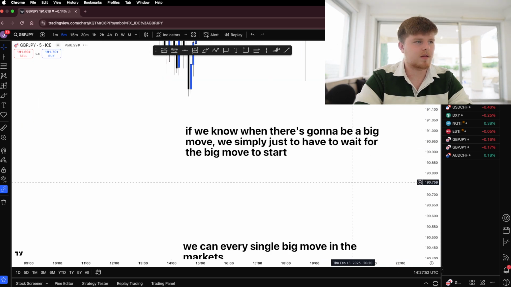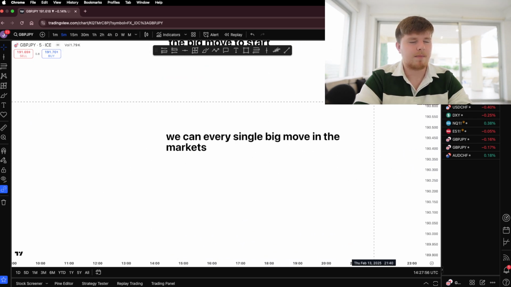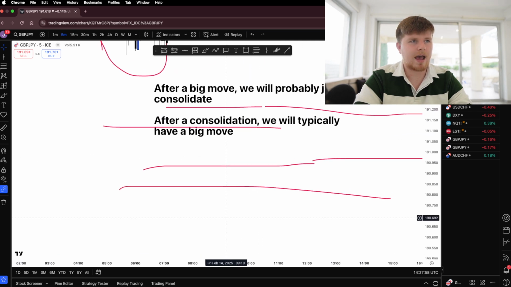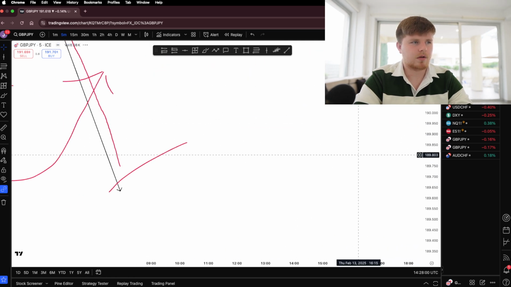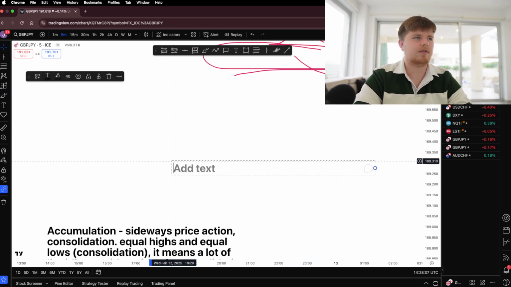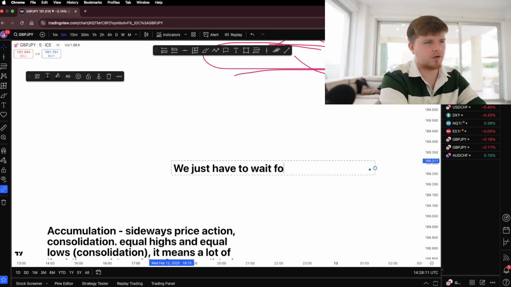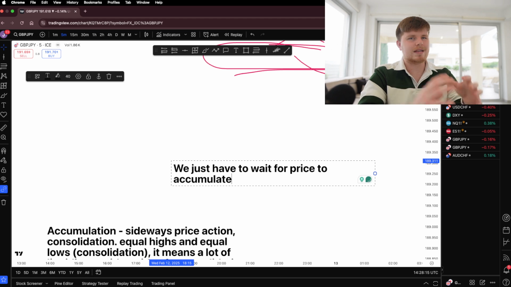this one. If we know when there's going to be a big move, we simply have to wait for the big move to start. A big move will happen after a consolidation. The big move is called distribution. The consolidation is called accumulation. So basically, we just have to wait for price to accumulate, and then that allows us to squeeze and move out the markets.